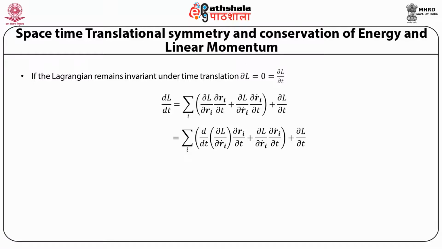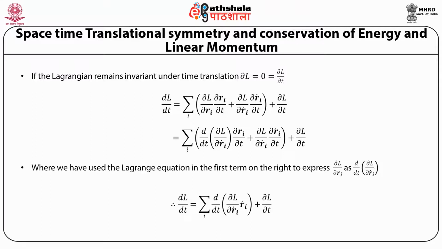So this can be written, using the Lagrange equation, as the sum over i of d/dt of ∂L/∂ṙ_i into dr_i/dt, plus ∂L/∂ṙ_i times dṙ_i/dt, plus ∂L/∂t. Therefore, dL/dt is equal to d/dt of the sum over i of ∂L/∂ṙ_i ṙ_i, plus the partial derivative of L with respect to time.